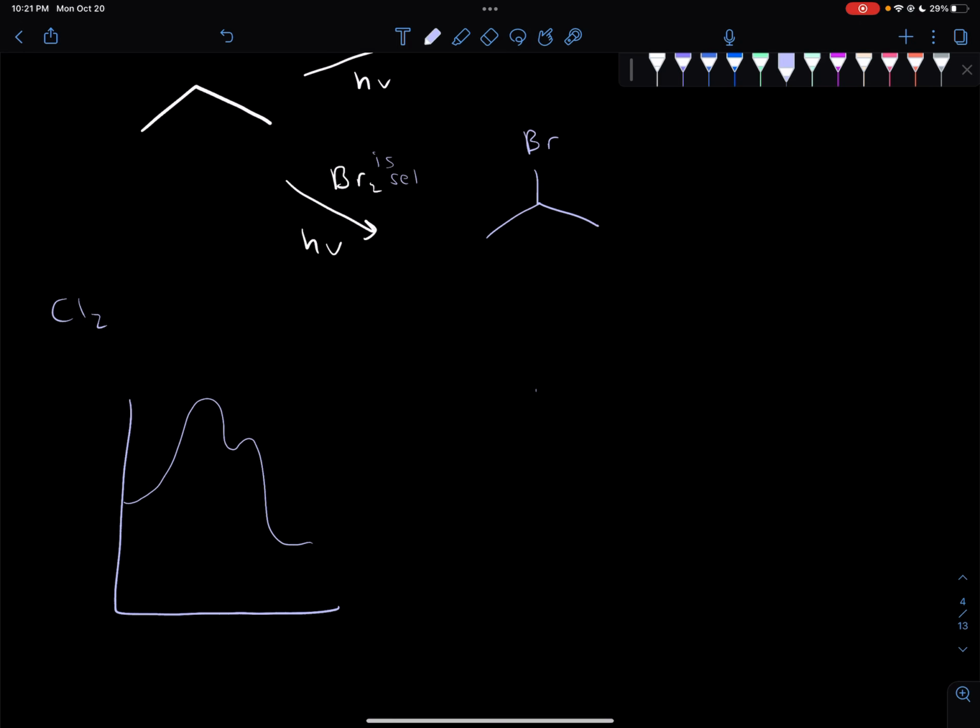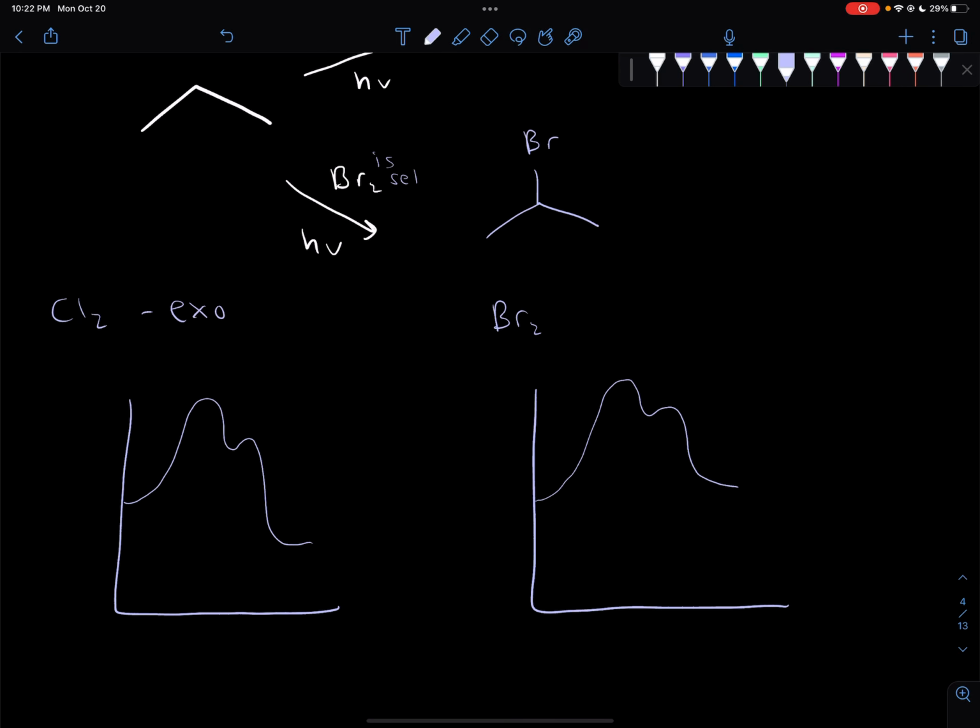And then for bromination, it will look like this. So this is exothermic, and this is endothermic because pretend this is higher than the other one, right? Okay, my fault. Let me just redraw this.